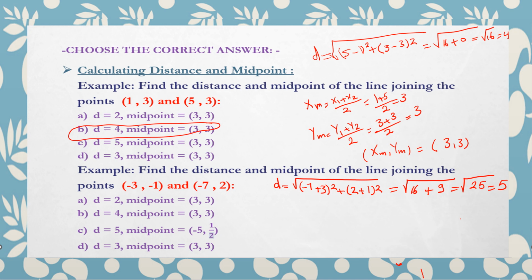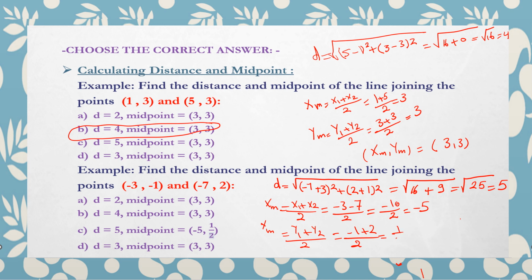The midpoint xm equals (x1 plus x2) over 2, which equals (-3 minus 7) over 2, and this equals -10 over 2, which equals -5, and ym equals (y1 plus y2) over 2, which equals (-1 plus 2) over 2, and this equals half.